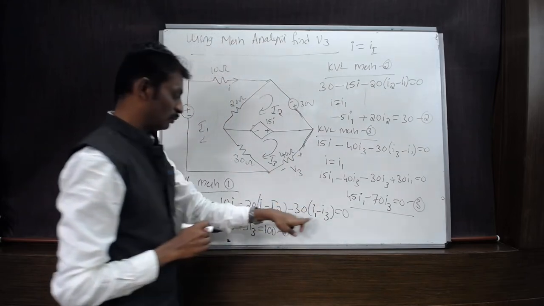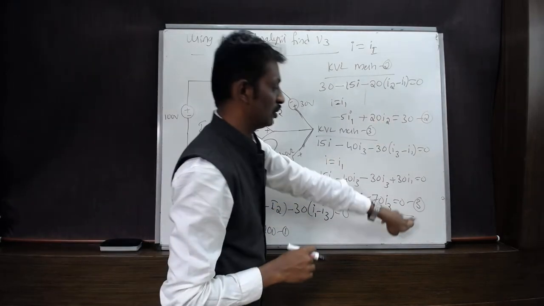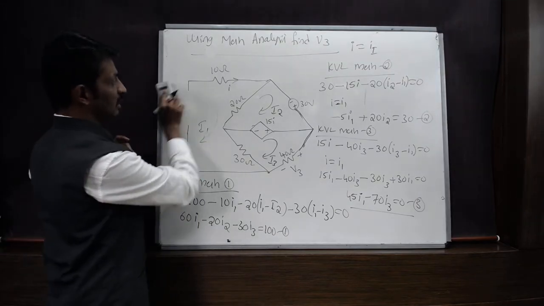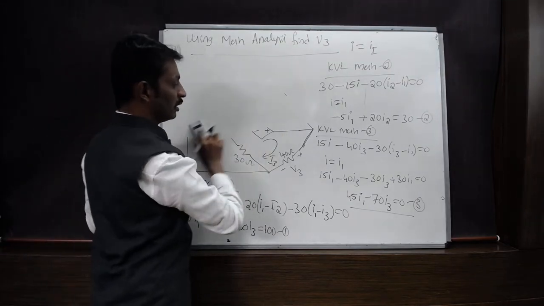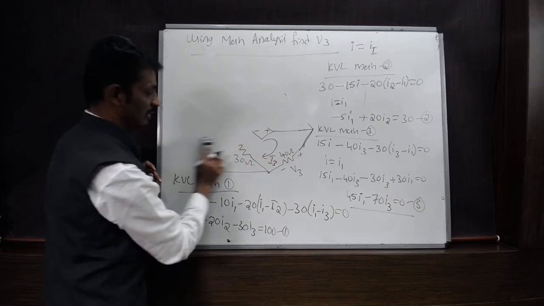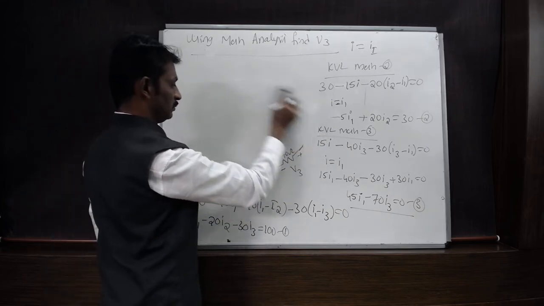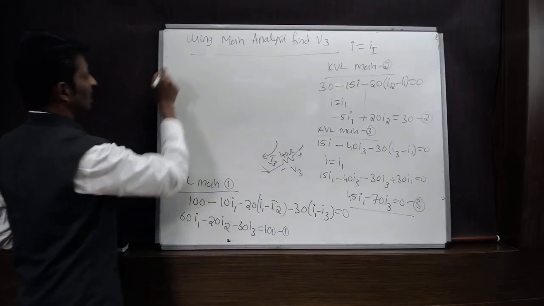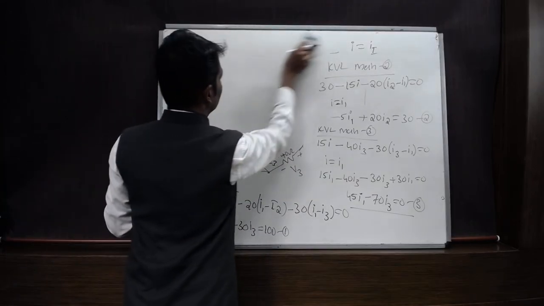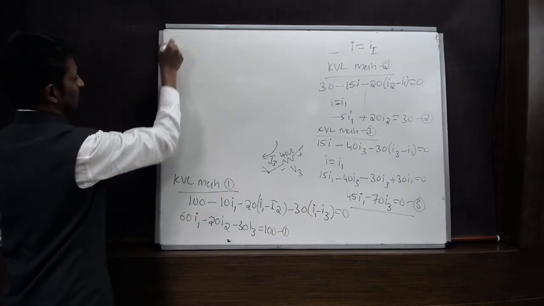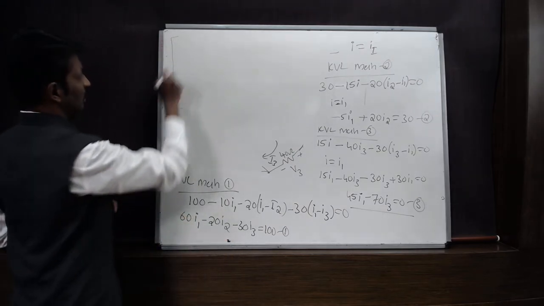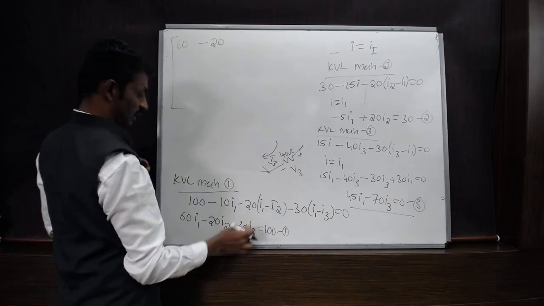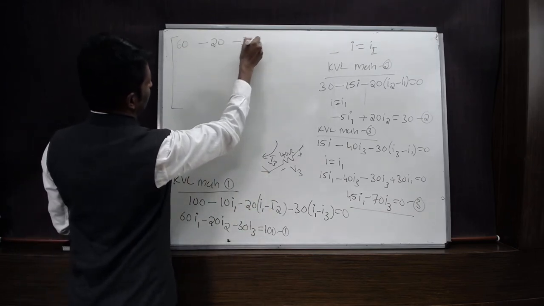So we got equation number 1, 2 and 3. Let us represent all three equations in matrix format. For the time being, in this circuit we need to find V3, so I have written just this part of the network. Equation number 1, we have 3, 60, minus 20 and minus 30.